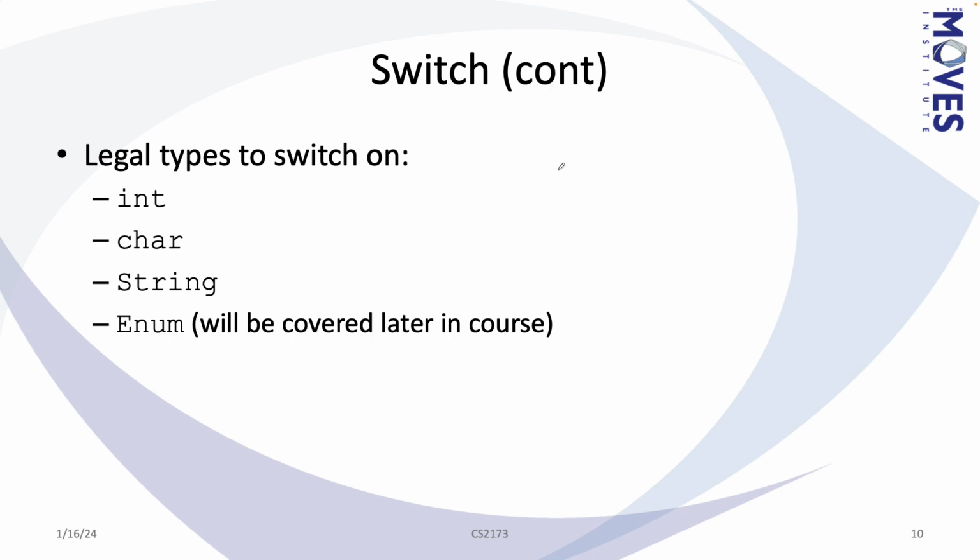So that's one point in Visual Basic's favor, which it really needs, because it's otherwise pretty awful. Anyway, in Java, you can do ints, you can do characters, because characters are like ints. You can do it on strings, and we can do it on something called an enum, which we're going to cover a little later this week.